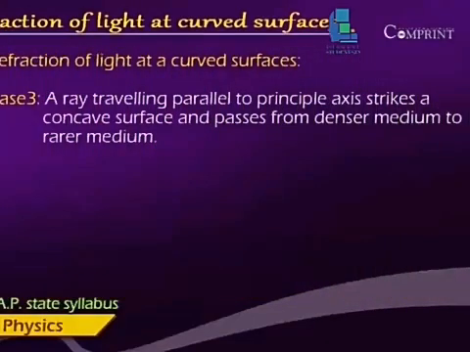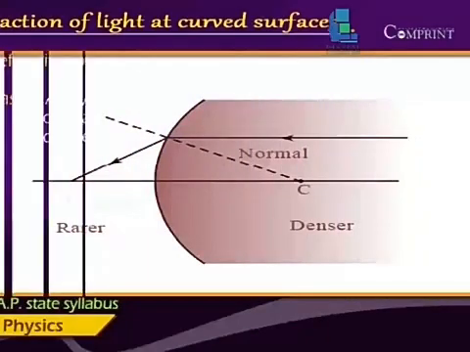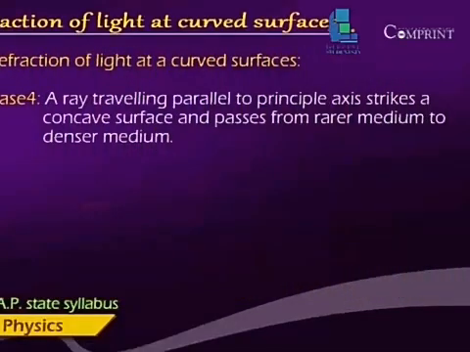A ray traveling parallel to the principal axis strikes a concave surface and passes from a denser medium to a rarer medium. Case 4. A ray traveling parallel to the principal axis strikes a concave surface and passes from a rarer medium to a denser medium.